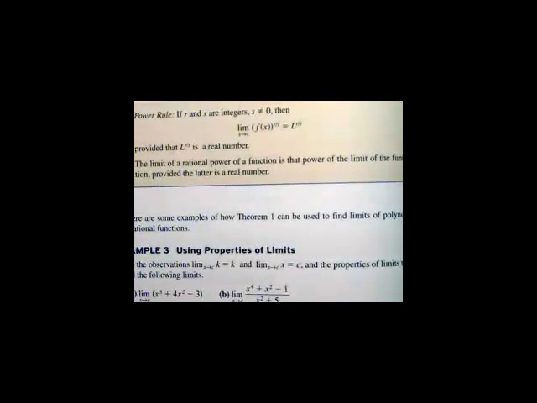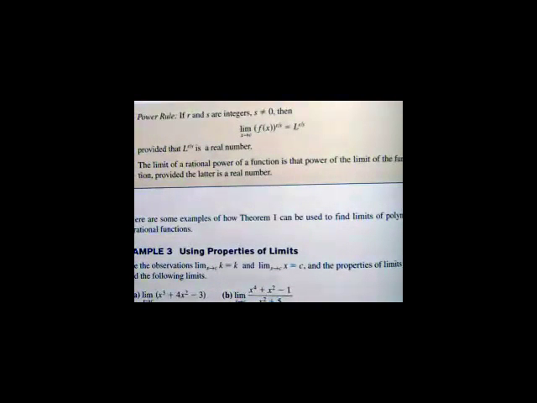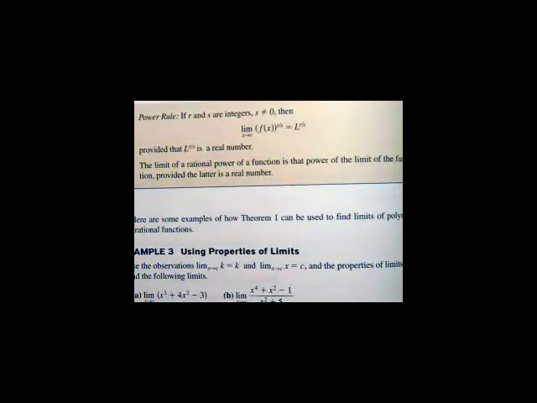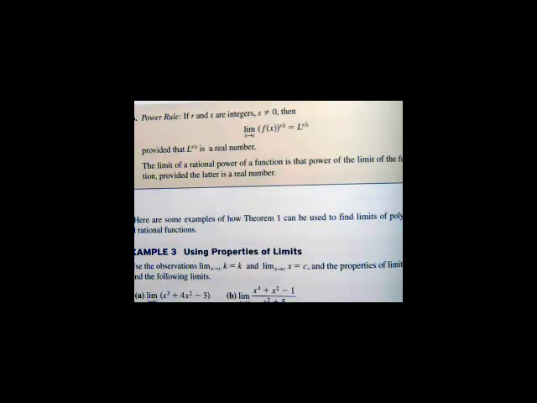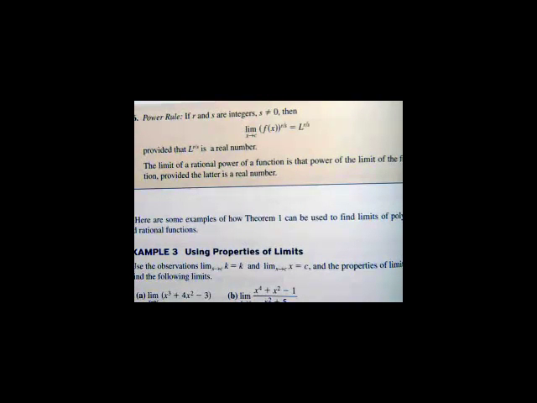Let's see. And then there's a power rule. This is at the top of the next page here. And the power rule says, if r and s are integers, so if it's raised to some power and s is not equal to 0, because then you'd be dividing by 0 in this little fraction up here, it is the answer to the limit raised to that same power.